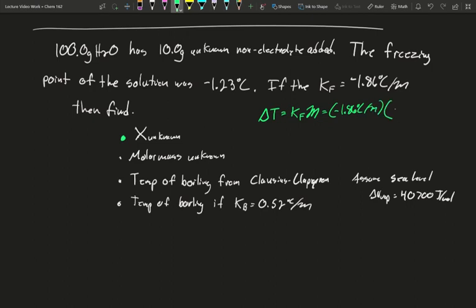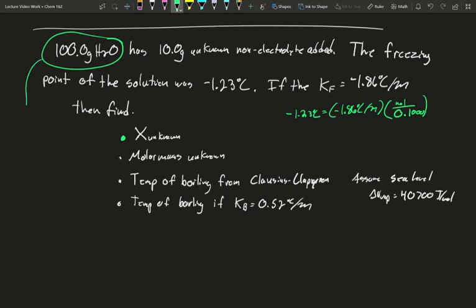And then I need the moles over the kilograms of solvent, which I do know, it's 0.1. I don't know the moles, but luckily I do know the temp change, minus 1.23 degrees Celsius.